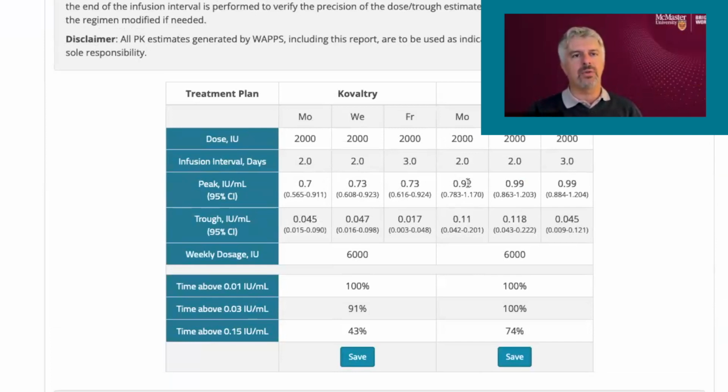For GV, it will be around 9.2 on the Monday after the long interval and around 1 for the short interval. The trough for Kovaltry was already a very good trough, 2% on the Friday and 4 and 4 on the Monday and Wednesday.